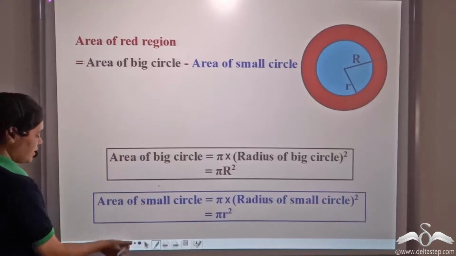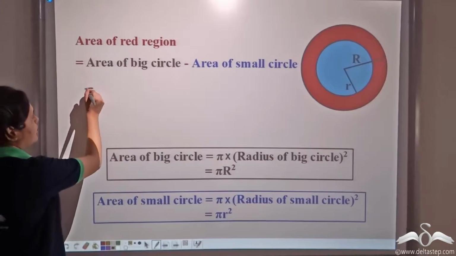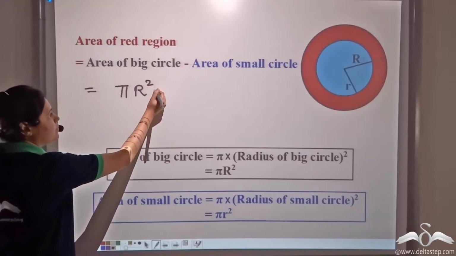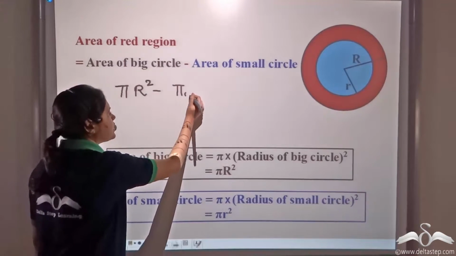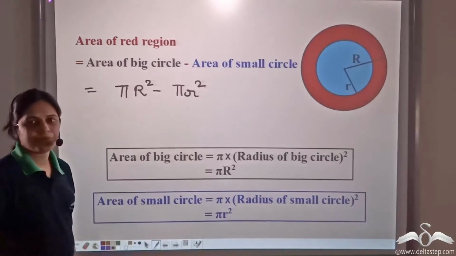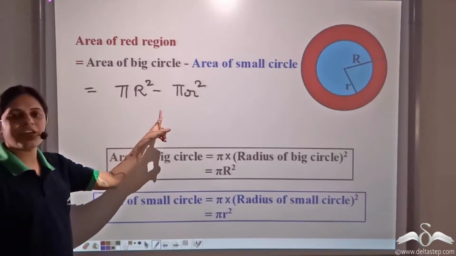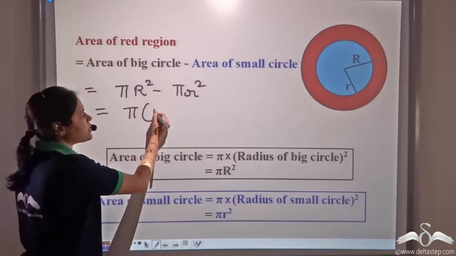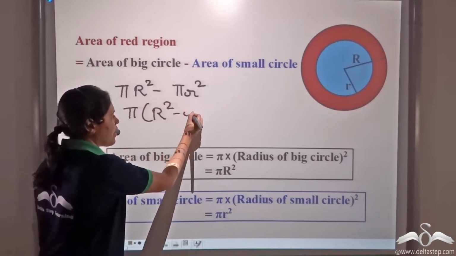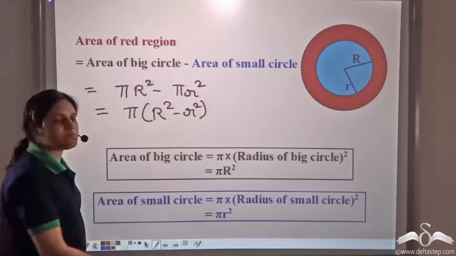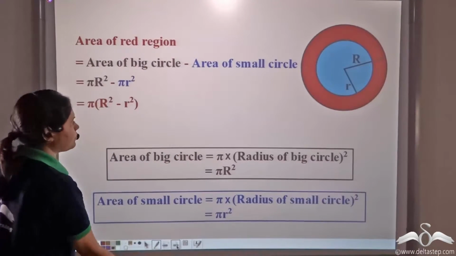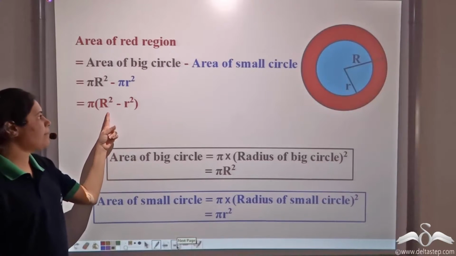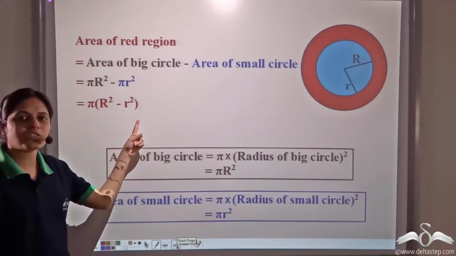Now we can write this as pi R square minus pi r square. From this we can take pi common. So this is equal to pi times (R square minus r square).